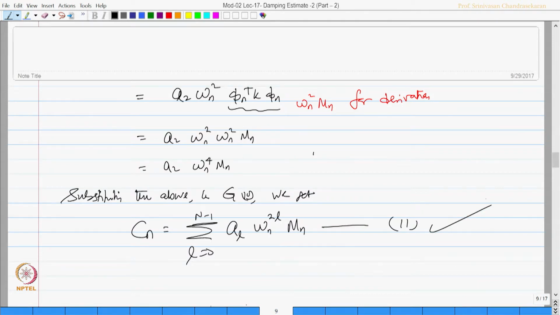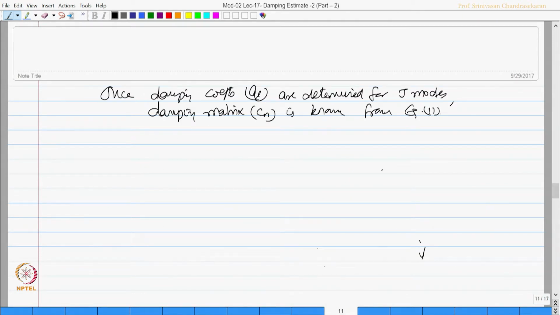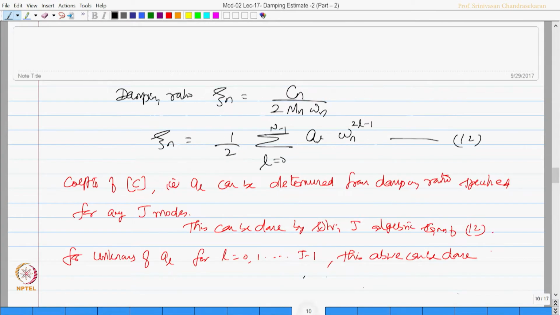Okay. And damping ratios zeta n are given by equation 12.